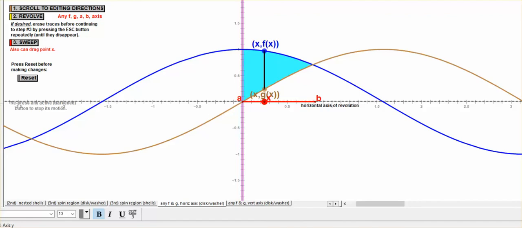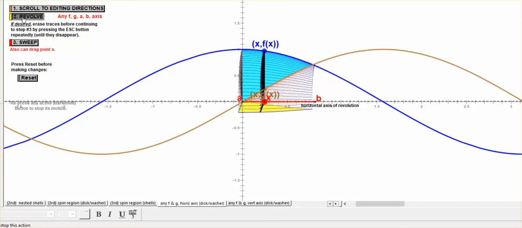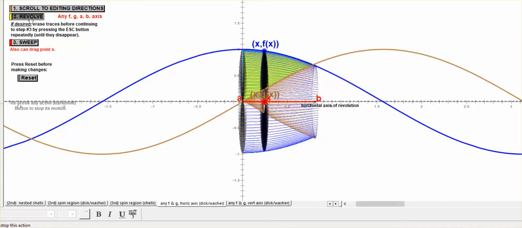The blue graph is the graph of cosine x. The brown graph is the graph of sine x. And we're going to revolve it about the x-axis. And you can see that the solid formed has got this hole in the middle.